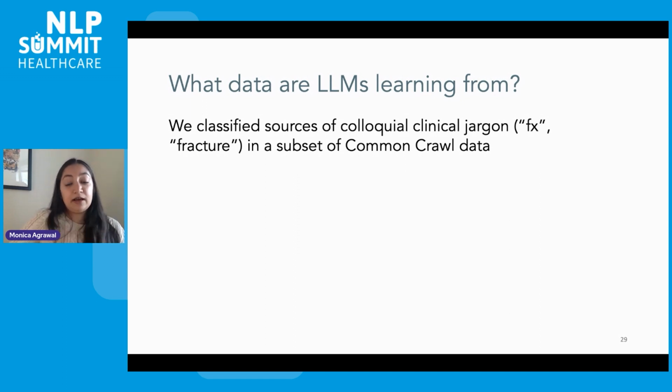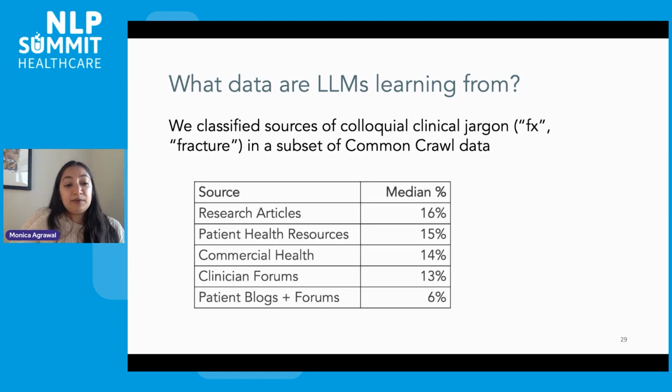And this is work that was not part of EMNLP, but is found in my thesis. And what we find is that for a set of colloquial clinical jargon like FX and fracture, they're found across a multitude of sources. So not just research articles, but also patient health resources, commercial health websites, clinician forums, and patient blogs and forums.